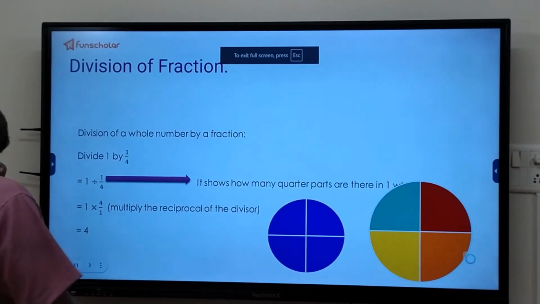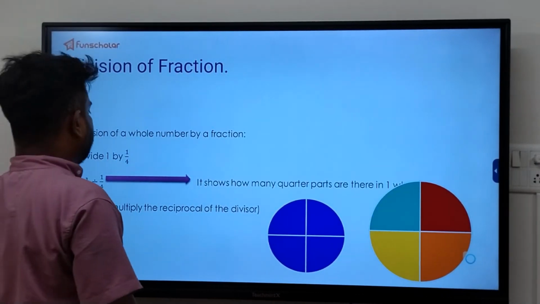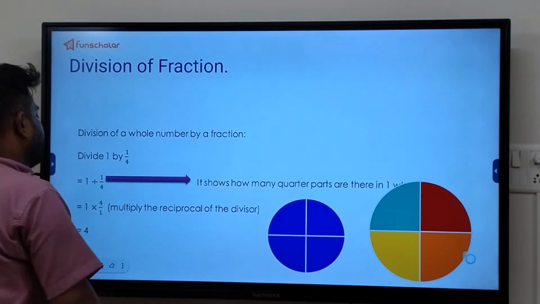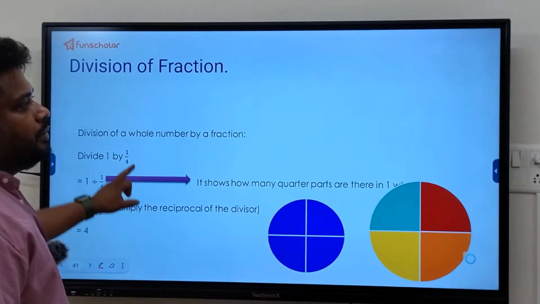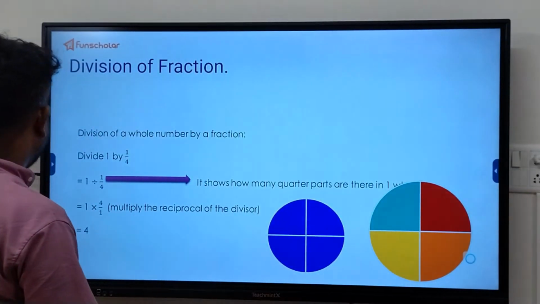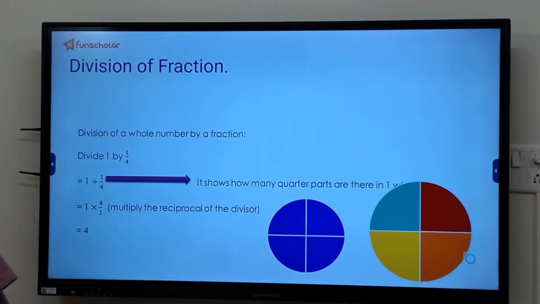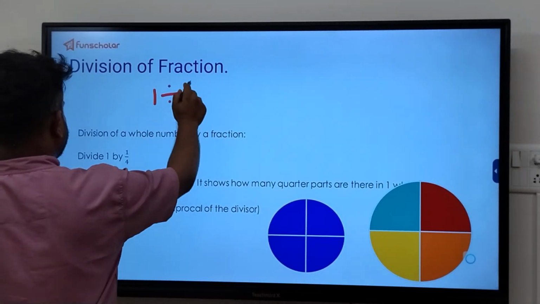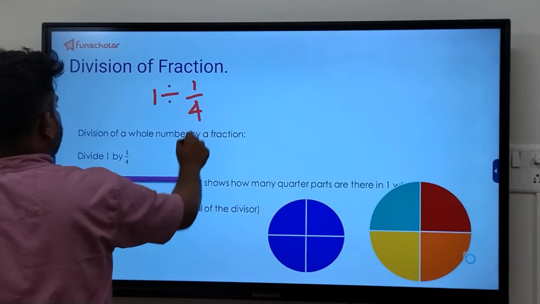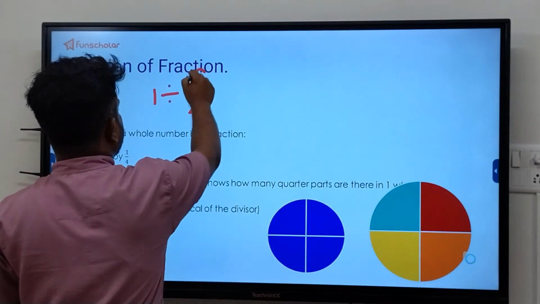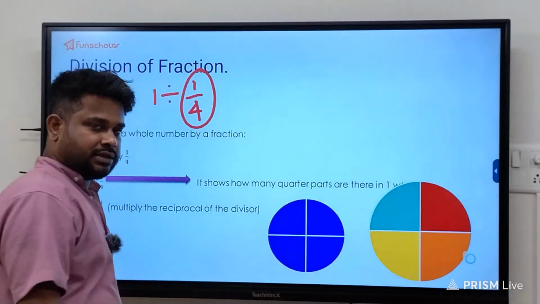Division of a fraction: division of a whole number by a fraction. Here they are dividing 1 by 1/4. They wrote it like this: 1 with a division sign and 1/4. This one will be the divisor.